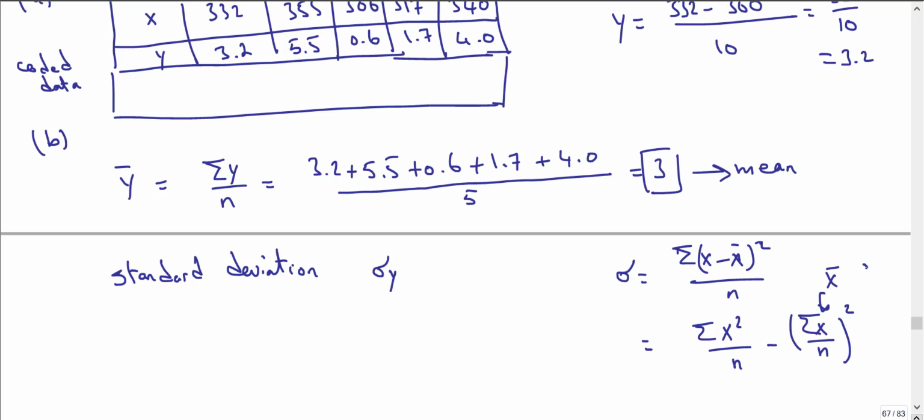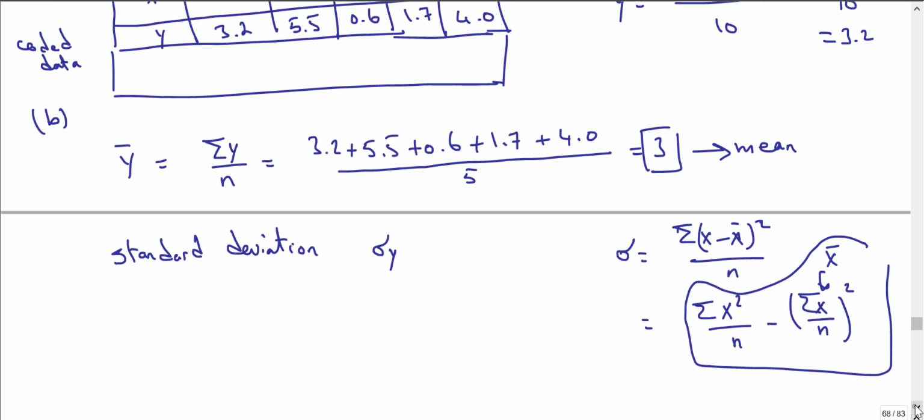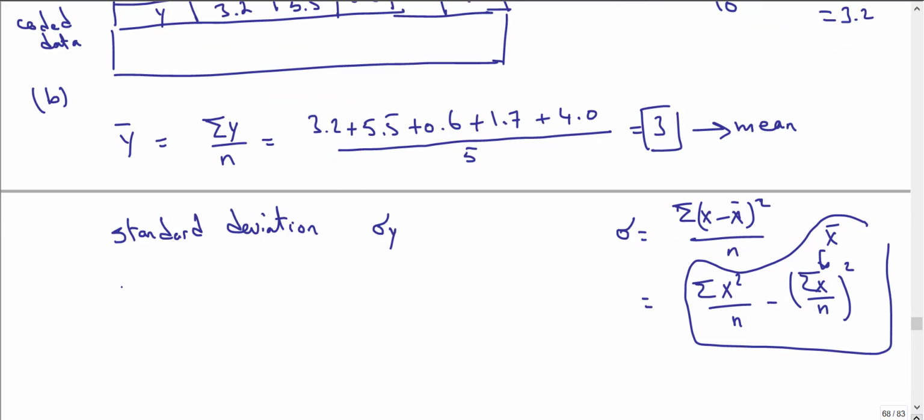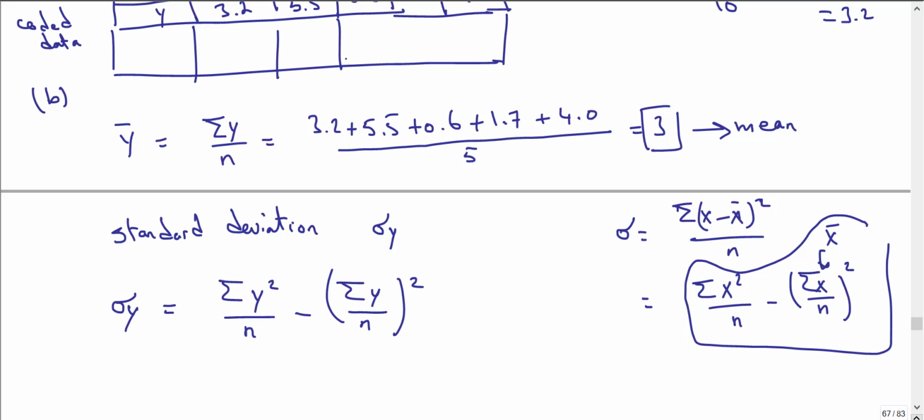I'm going to use the second form, but with y instead of x. So the standard deviation of the coded data is the square root of sigma y squared divided by n minus sigma y divided by n all power 2. It's a rule and you must memorize it.